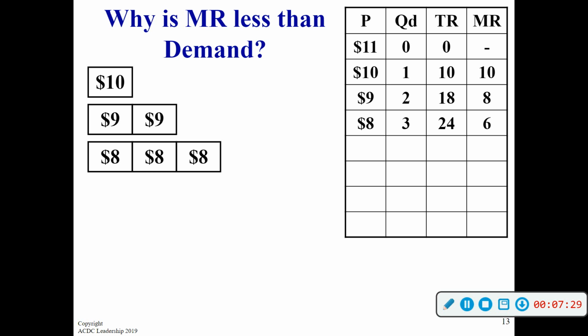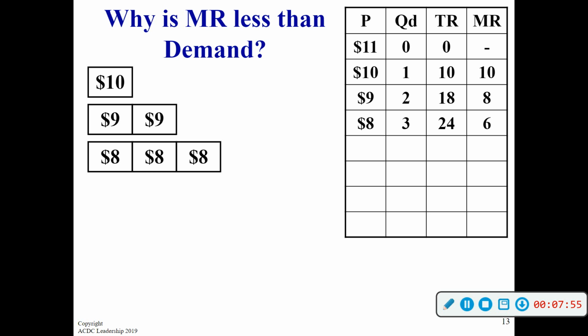Total revenue goes from 10 to 18. If they sold one unit for $10, the total revenue is 10. If they sold 2 units for $9, the total revenue is 18. So the additional revenue from selling that second unit was only $8. They sold it for $9, but the marginal revenue, the change in total revenue, was only 8.